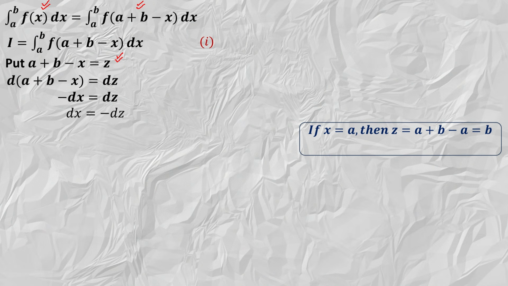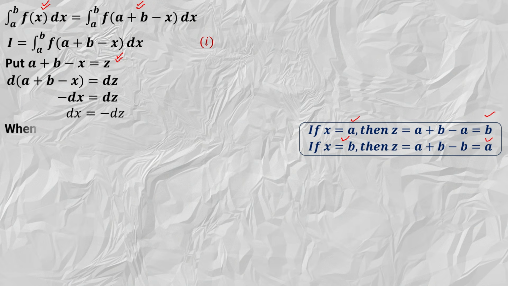As we have introduced a new variable z, therefore limits of integration will also change. When x is equal to a, then z is equal to b, and when x is equal to b, then z is equal to a.